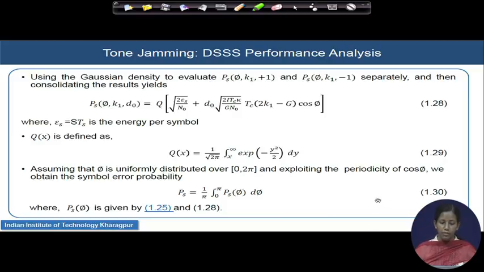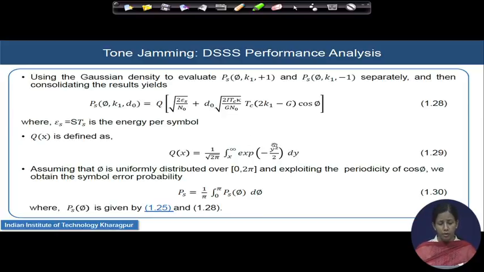Remember, we use that Gaussian density to evaluate each of the terms of the conditional error probabilities for transmission of +1 and transmission of -1. These will be given by this, where S is the energy per symbol, written as S into Ts, and this Q function has its classical definition given in equation 1.29.